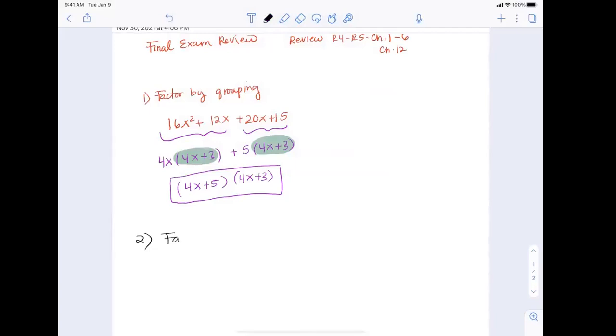The second one is asking you to factor 7x squared plus 18x minus 9. Let's say you have this. So how do you factor something like this? You use the X method.